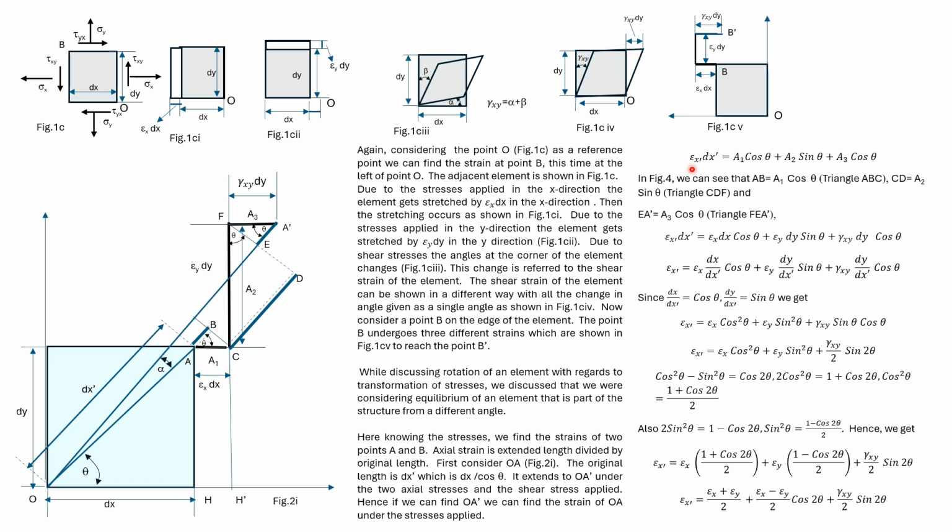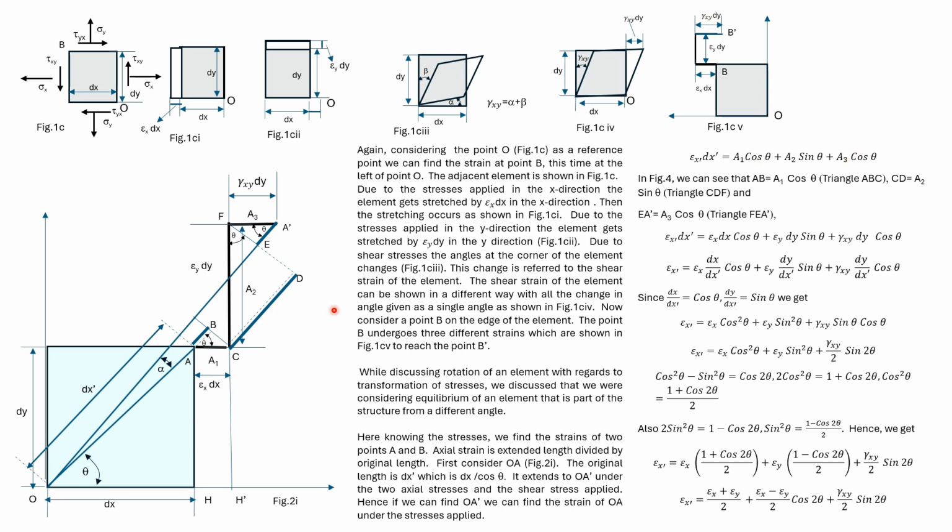So the increase in length of OA, which is given by epsilon x dash dx dash, is equal to A1 cos theta plus A2 sin theta plus A3 cos theta.